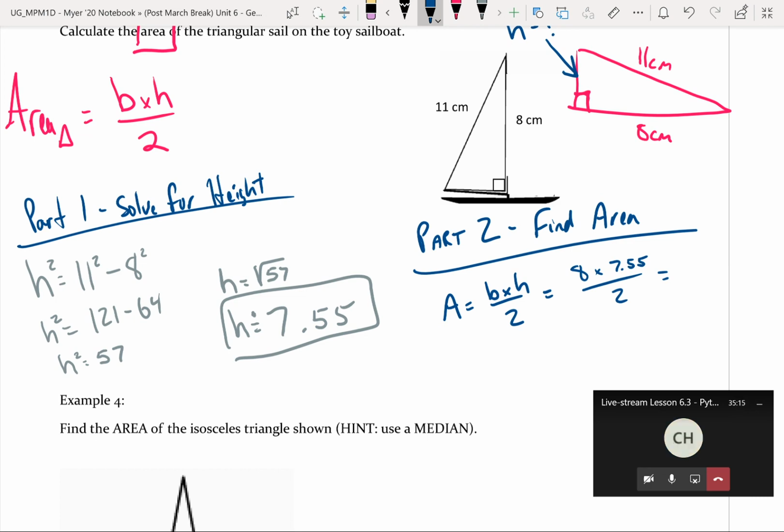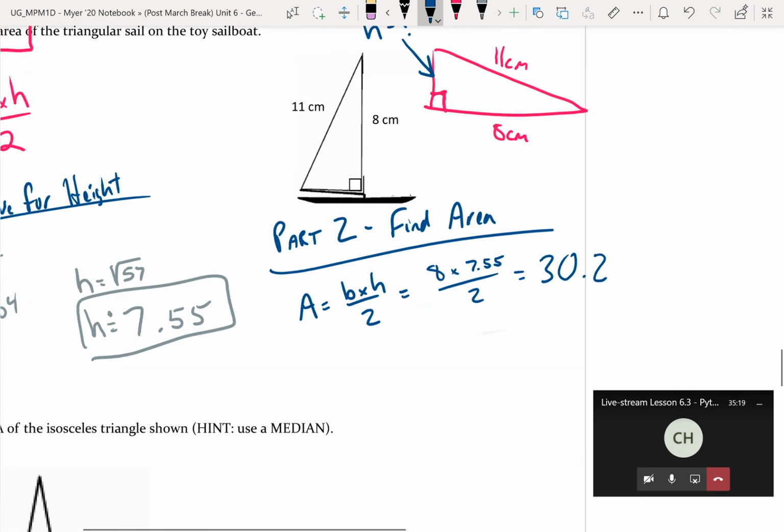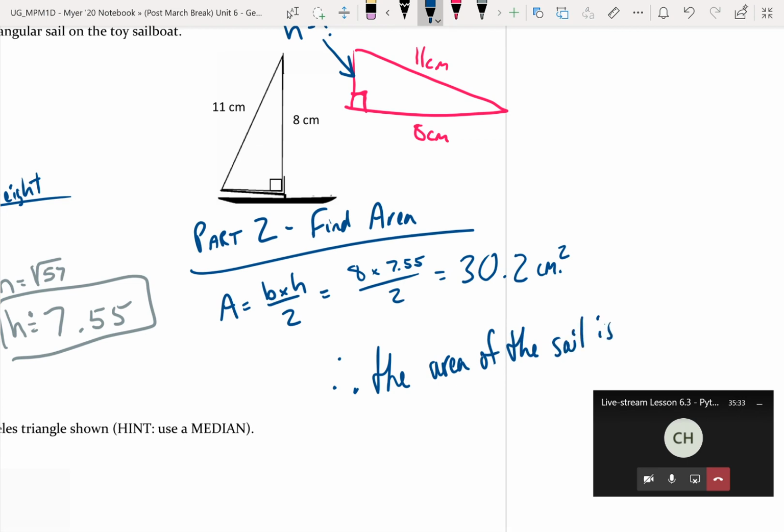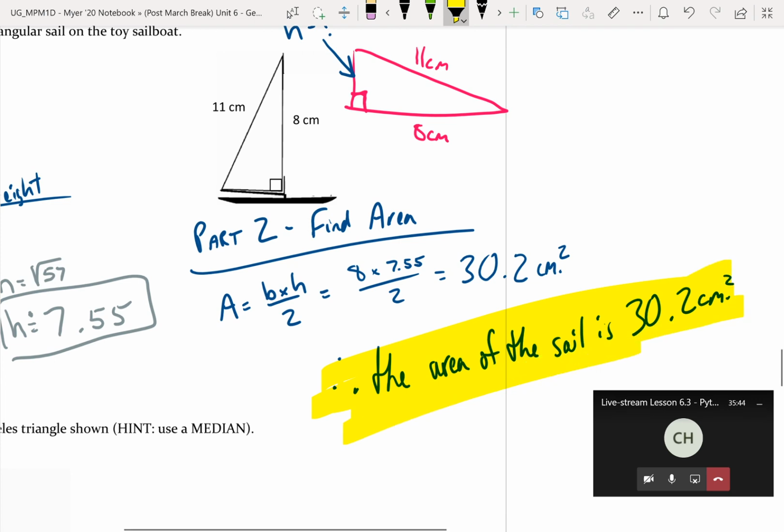And I got 30.2. And we use our units, centimeters squared. So therefore, the area of the sail is 30.2 centimeters squared. Brilliant! I feel like I've achieved a lot now that we solved that.